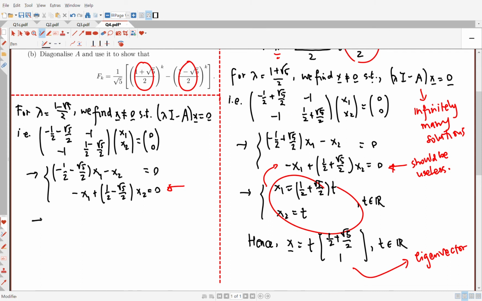So if I make x2 to be t, I will have my x1 is equal to half minus square root 5 over 2 times t.